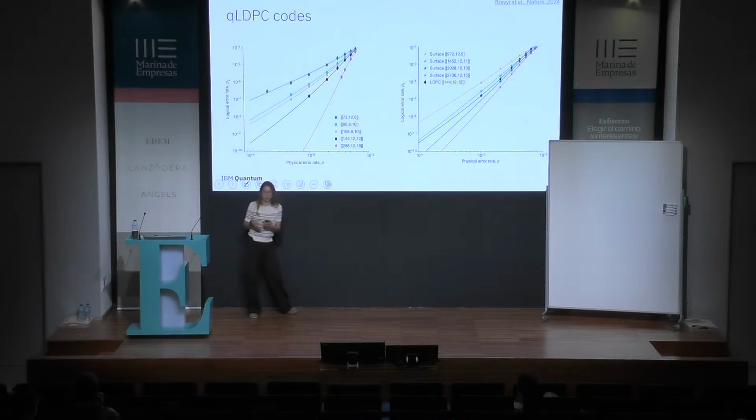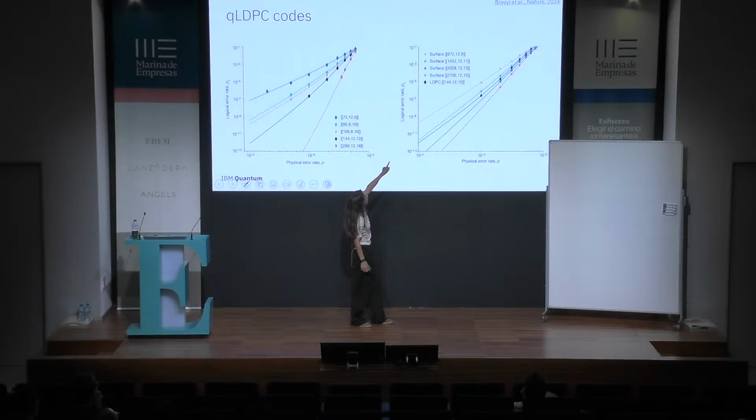If you compare these to surface codes, now we are comparing the black one to all of the other surface codes, you see that with the black one, we want to implement 12 logical qubits with a distance of 12. And if you check which surface code you would have to choose for that, it would be, for instance, at least the green one with 12 logical qubits with a distance of 11.